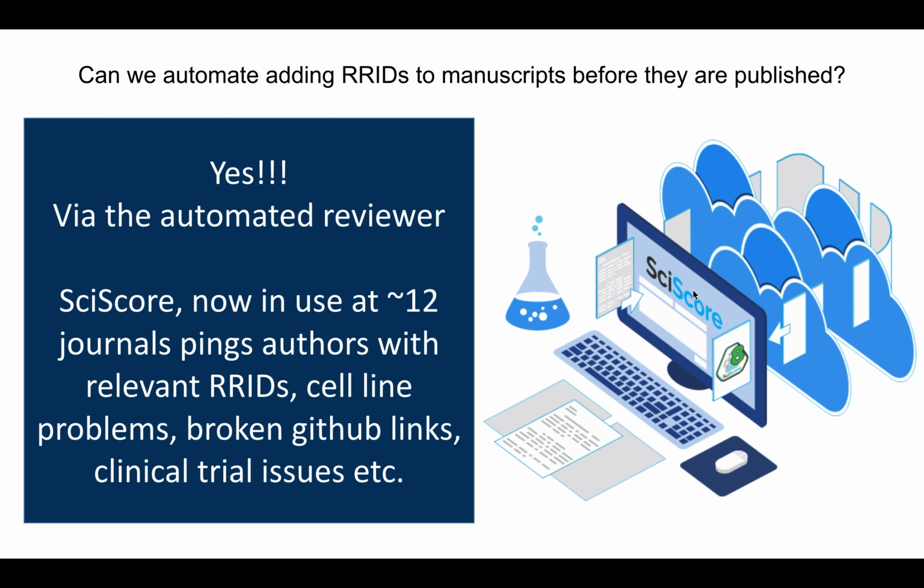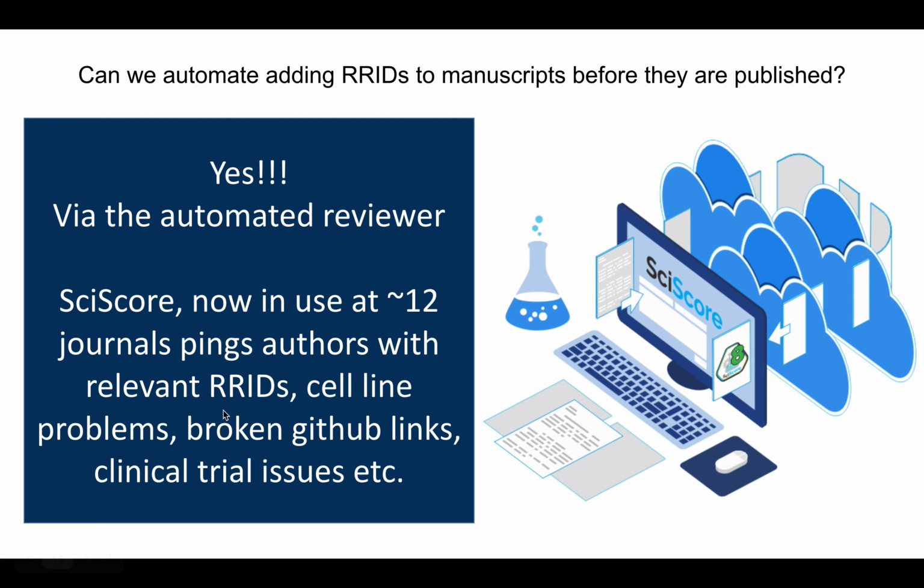It is currently in use in about 12 different journals, where the authors put their method section in the journal submission system, and they get back a report. And so what this thing does is it actually provides authors with relevant RRIDs if the tool can find them, or notes where the RRID should be if the tool cannot suggest an RRID.